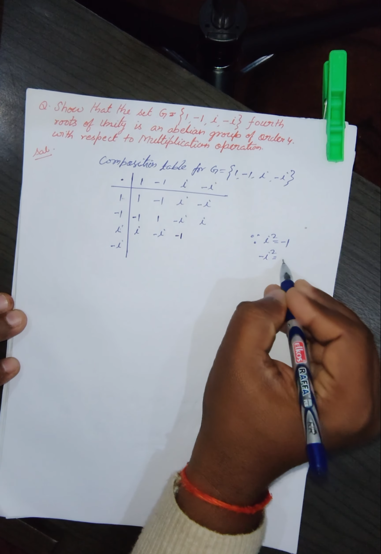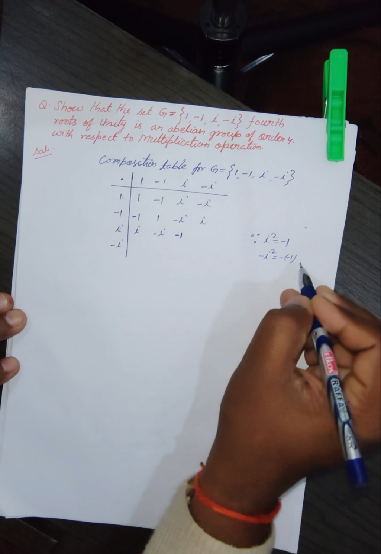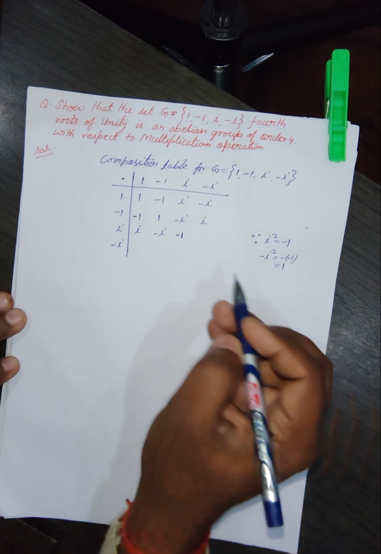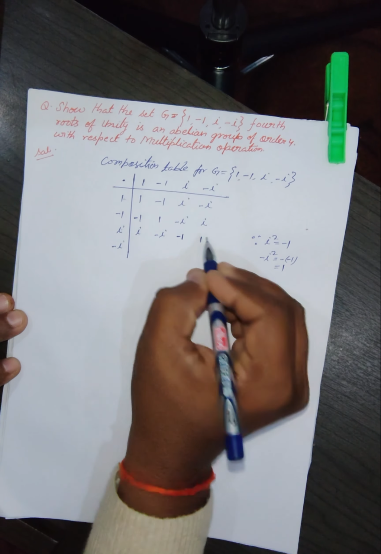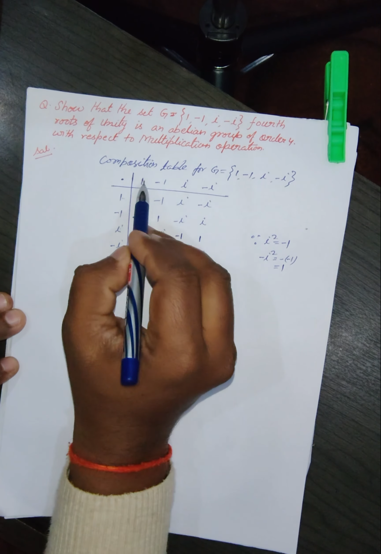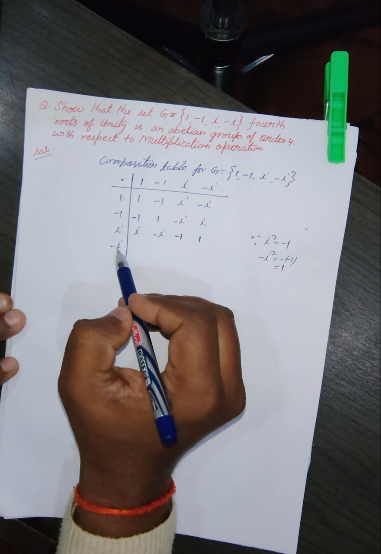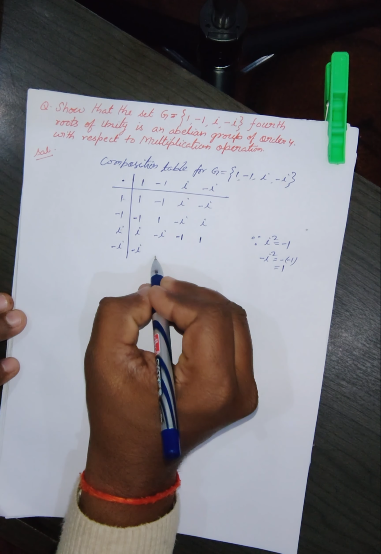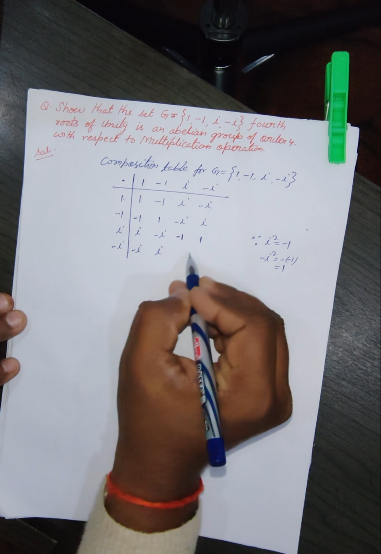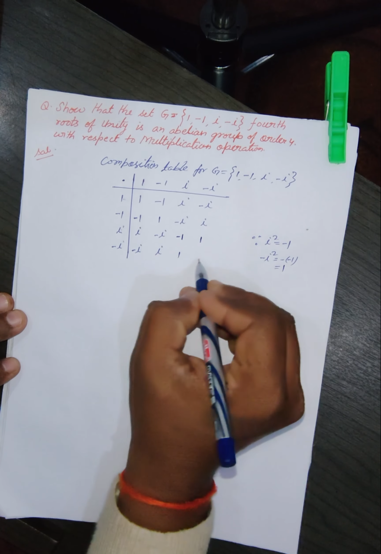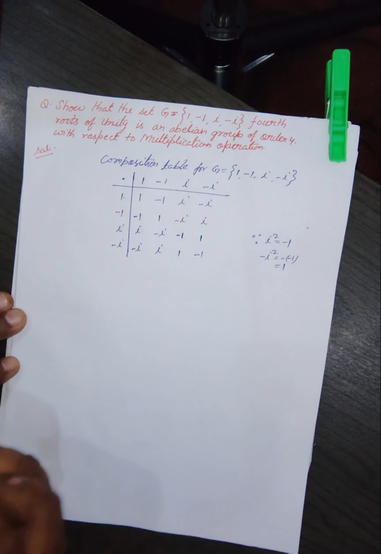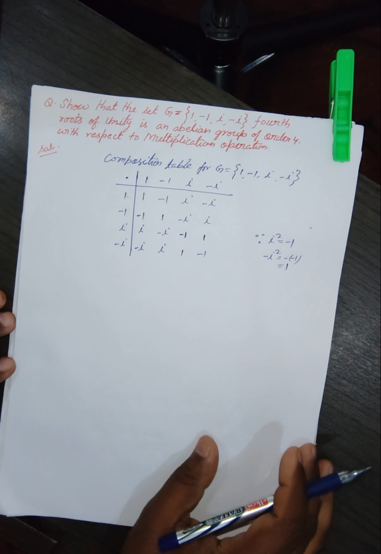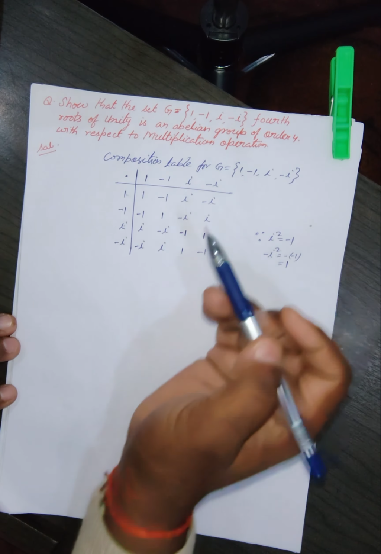So i square is minus 1, and minus times minus becomes 1, so here it will be 1. Similarly, when all elements are multiplied by minus i, we get minus i, 1 and minus 1. This is the complete composition table of the given set G.